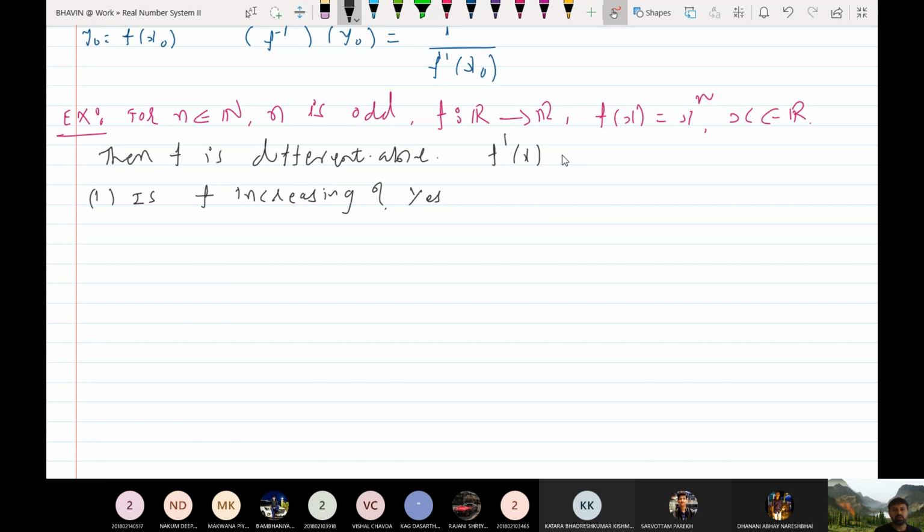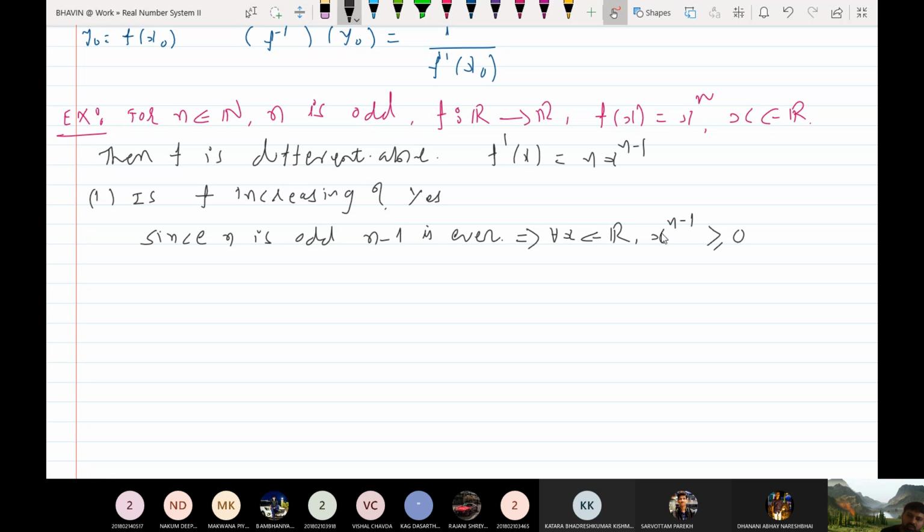What is the derivative, by the way? n x raised to n minus 1. Now, since n is odd, n minus 1 is even. Therefore, for every x belongs to R, x raised to n minus 1 is an even power of x, so this is always greater than or equal to 0.